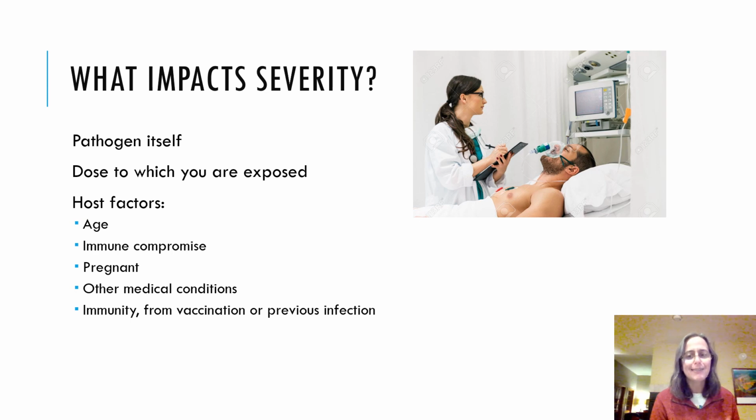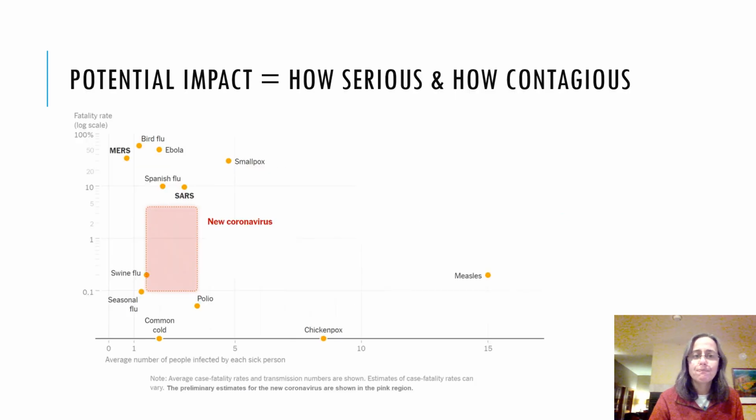They still can get sick, they still can pass it to other people, but we don't see that increased mortality rate that we see with some other things. Immune-compromised people, of course, and pregnant people, and we're seeing this a lot too. We're seeing some pregnant people with COVID-19 getting severely ill, having other medical conditions, this should all sound familiar, and having some immunity, either from a vaccination or previous infection. And we've talked previously about how protective the COVID-19 vaccines are against severe illness and hospitalization.